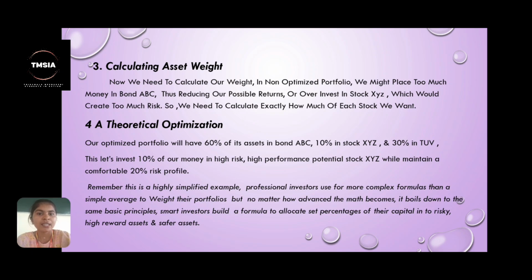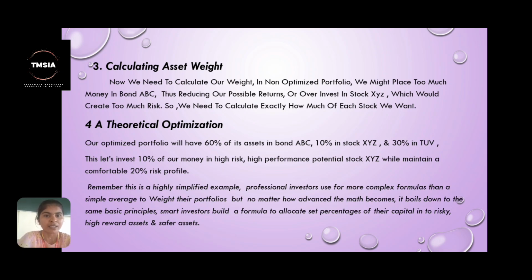Fourth strategy, a theoretical optimization. Our optimized portfolio will have 60% of its assets in bond ABC, 10% in stock XYZ and 30% in TUV. This lets us invest 10% of our money in high risk, high performance potential stock XYZ while maintaining a comfortable 20% risk profile.